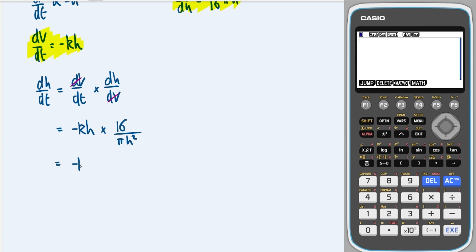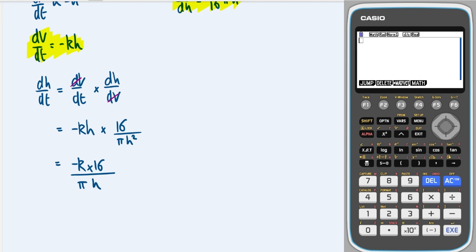So this gives me minus k h, oh no, so h will go, so it'll be times 16, and that'll be pi h on bottom.